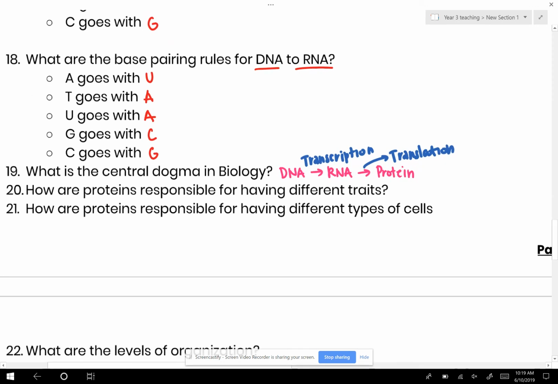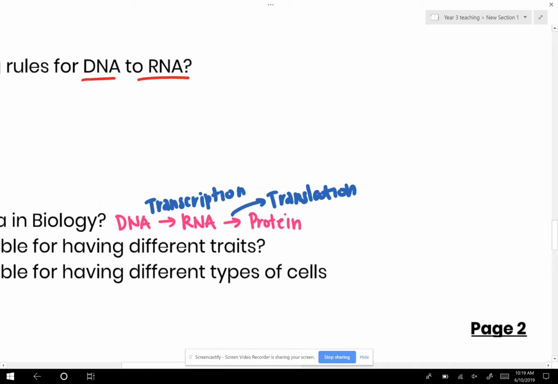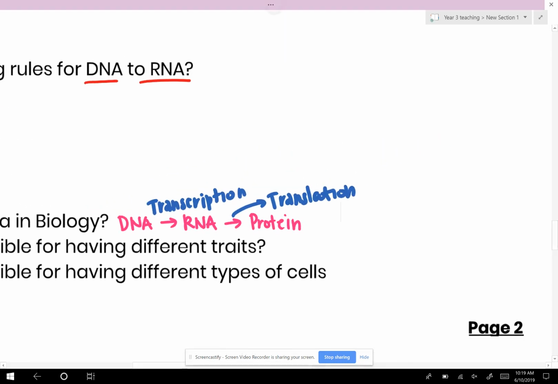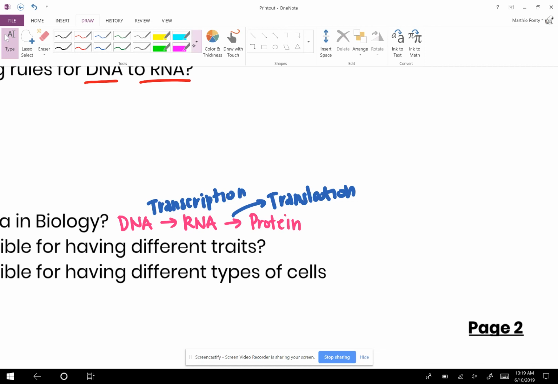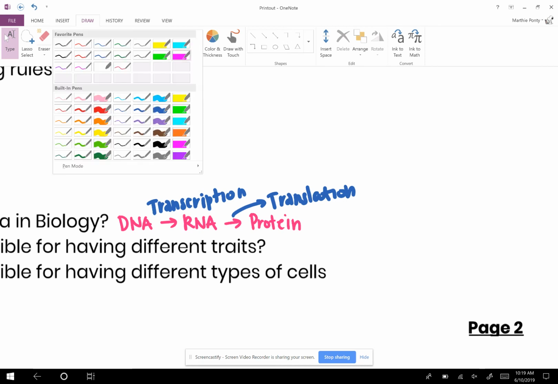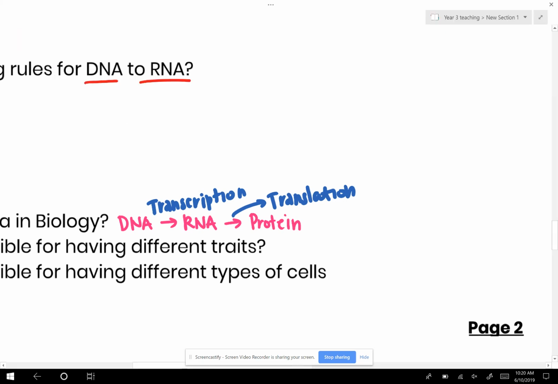And then the next thing is how are proteins responsible for us having different traits, right? Pretty much what happens is that proteins make up the different traits that we have in our body, right? So proteins are made to express traits.